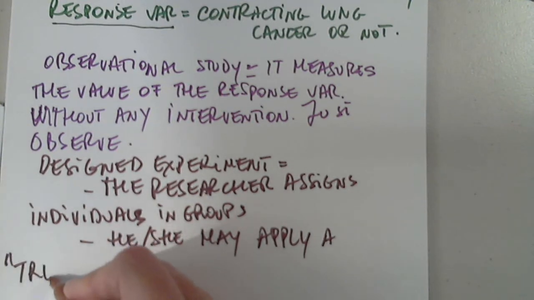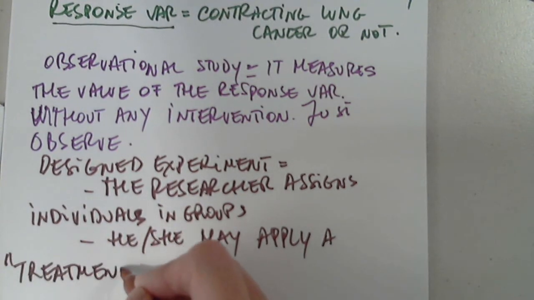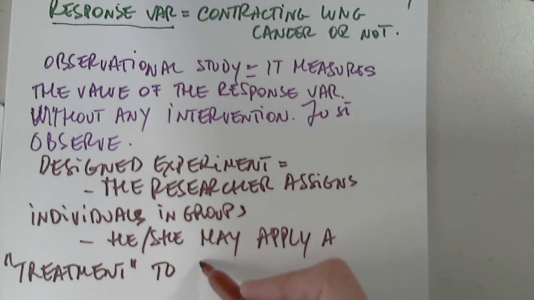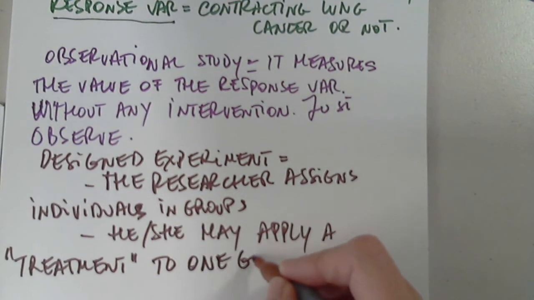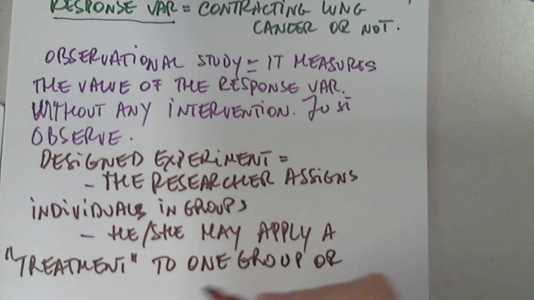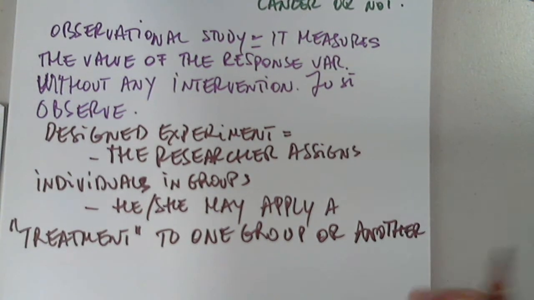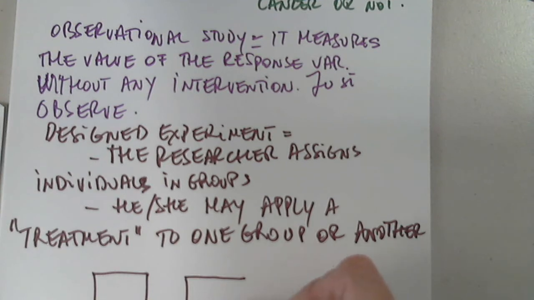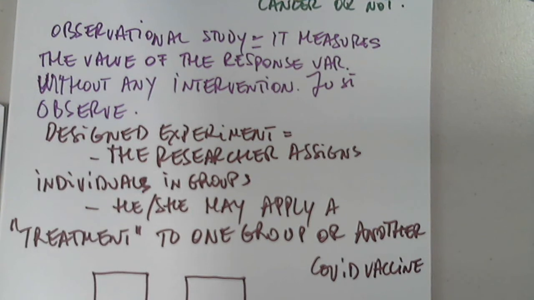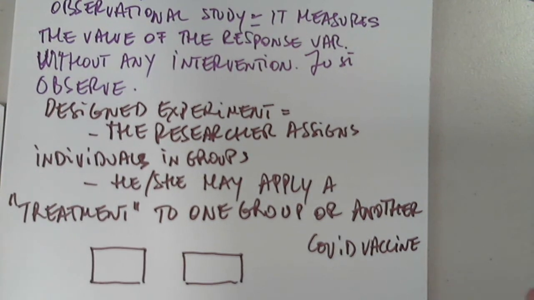This is a key word. To one group or another. What does that mean? So, for example, we have, let's say, the COVID vaccine. It's not available yet. They haven't finished the studies yet, I don't think.